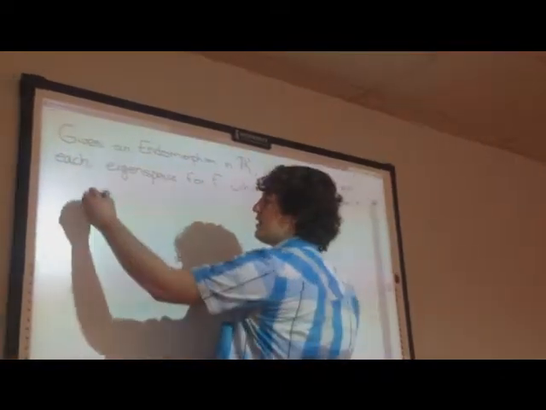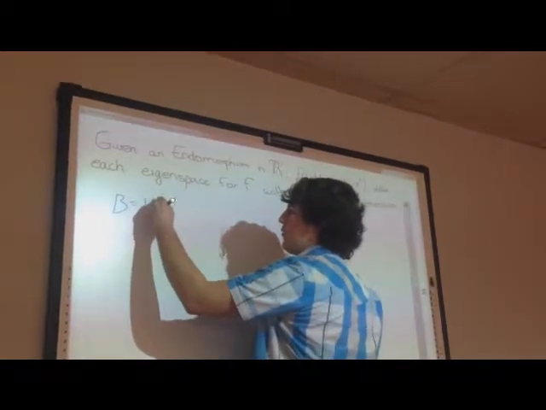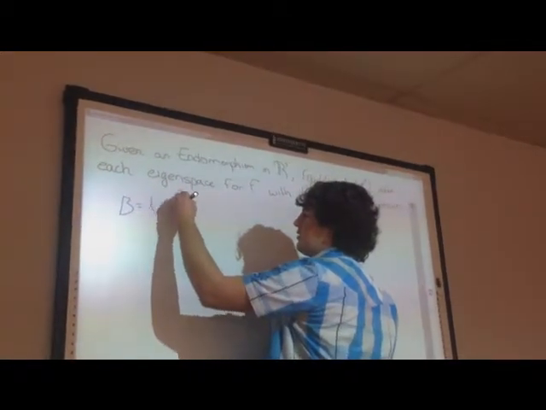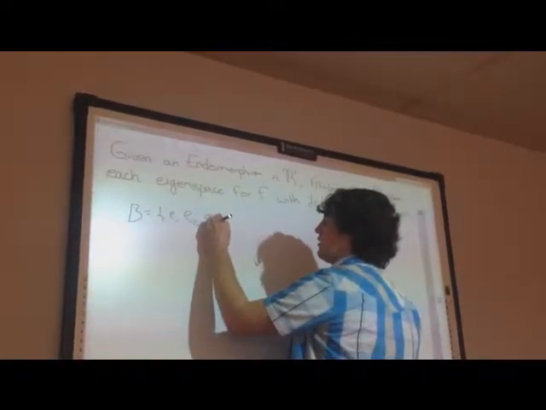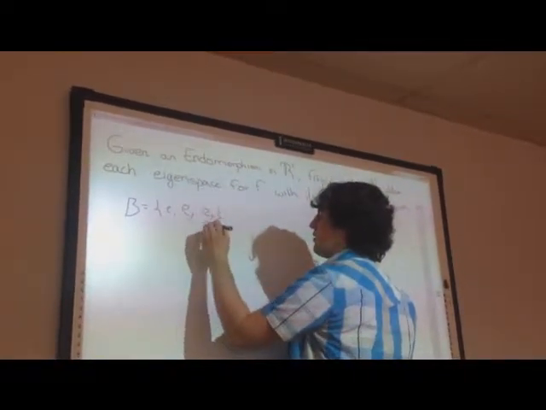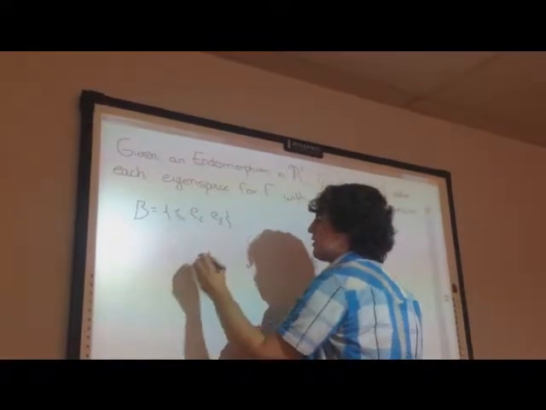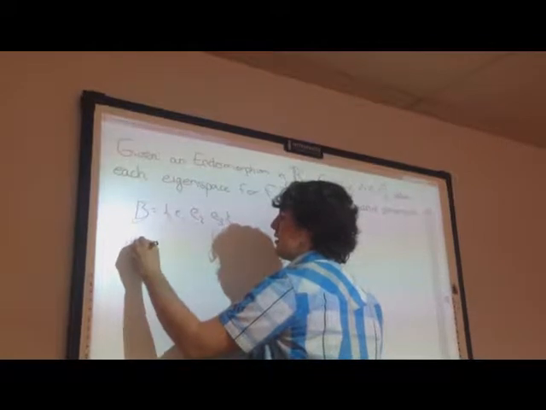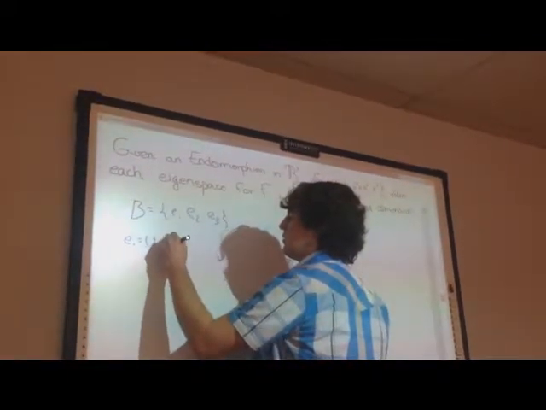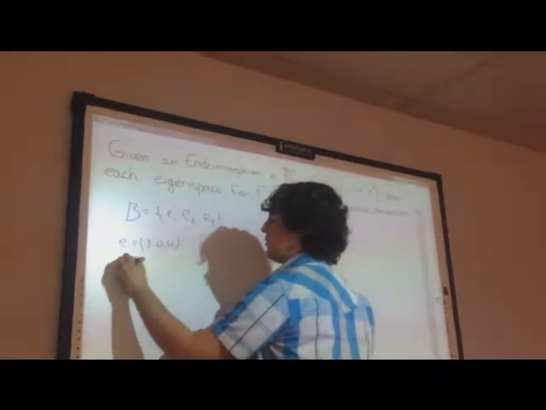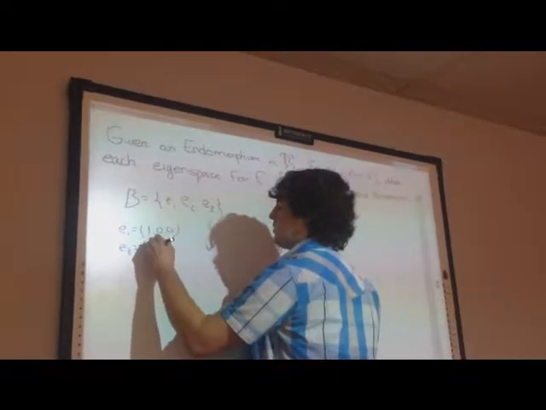We've got the base here, B, which is E1, E2, and E3. Basically, E1 is 1, 0, 0. E2 is 0, 1, 0.